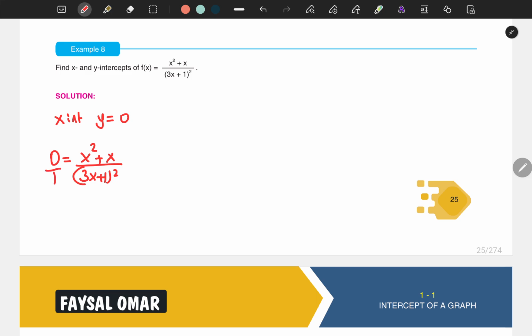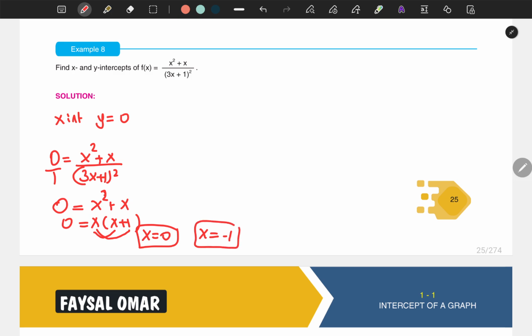Can I do cross product? 0 is equal, because 0 times anything is 0, to x squared plus x. Here x is common, isn't it, guys? x times (x plus 1). How do I know that? x times x is x squared, x times 1 is x. x equals what? 0. So here, can I say this? x equal to 0 first, and x equal to negative 1? Yes, I found it. 0 and 0, negative 1 and 0. I have 2.